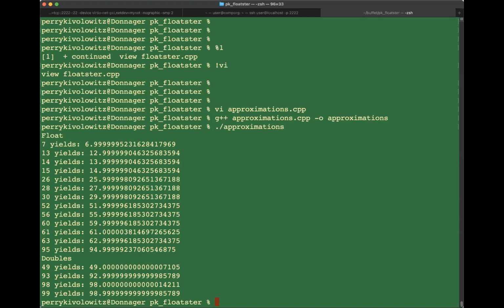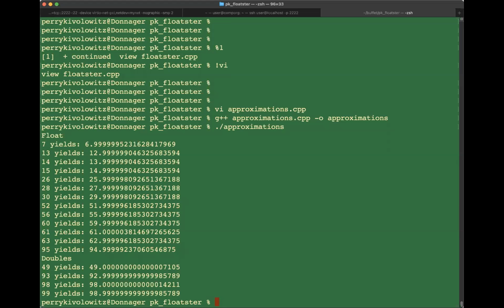So check it out. In the first 100 integers, the float has all of those approximations, yet in doubles, there's only 4 in the same range. So with that extra precision, more numbers can be represented exactly.